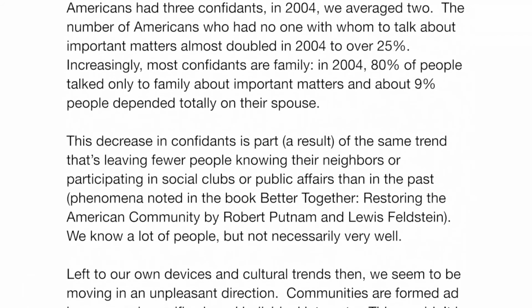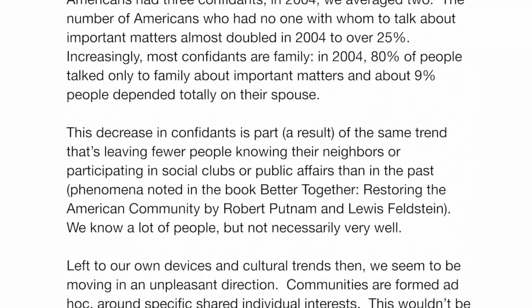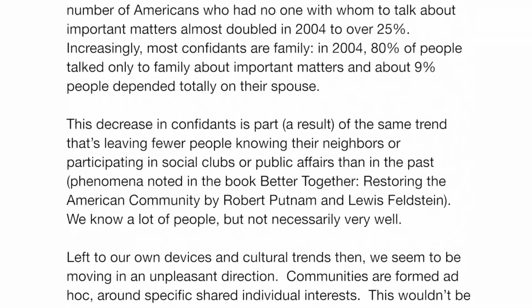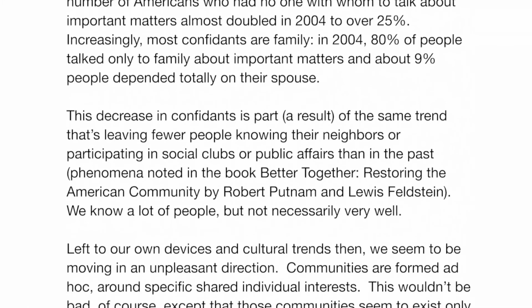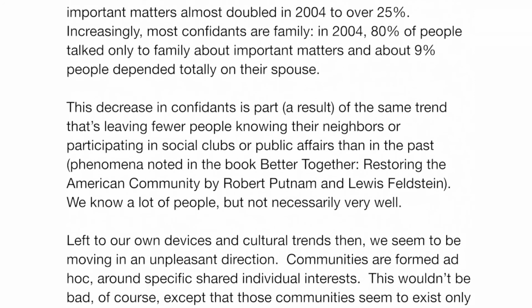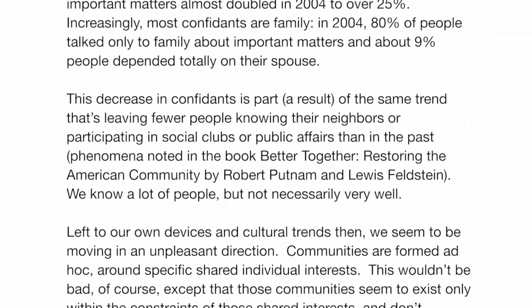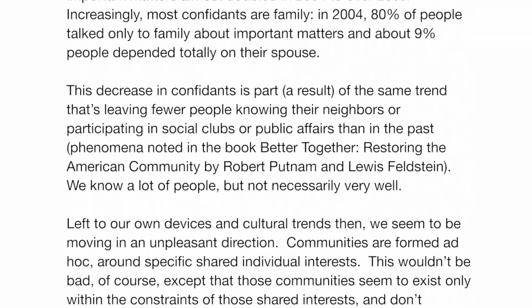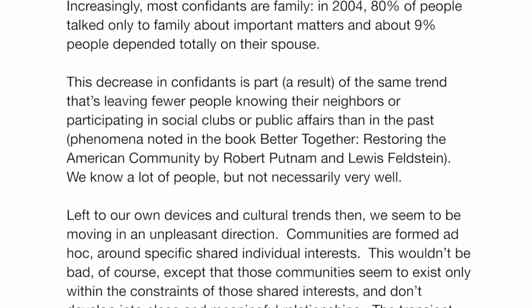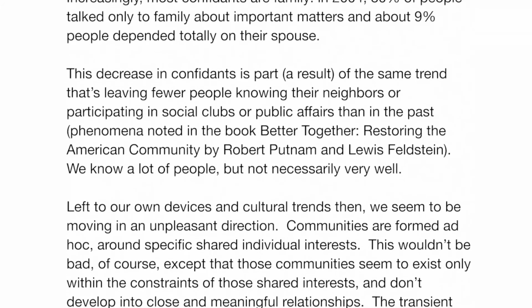This decrease in confidants is a result of the same trend that's leaving fewer people knowing their neighbors or participating in social clubs or public affairs than in the past. Phenomena noted in the book Better Together, Restoring the American Community by Robert Putnam and Louis Feldstein.